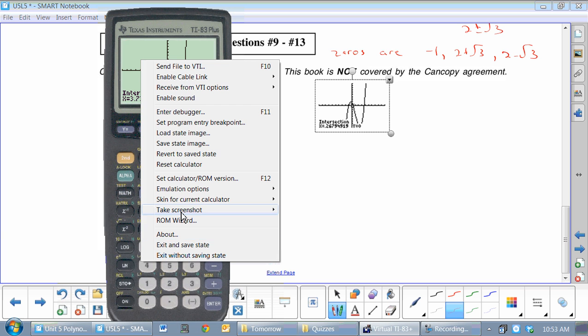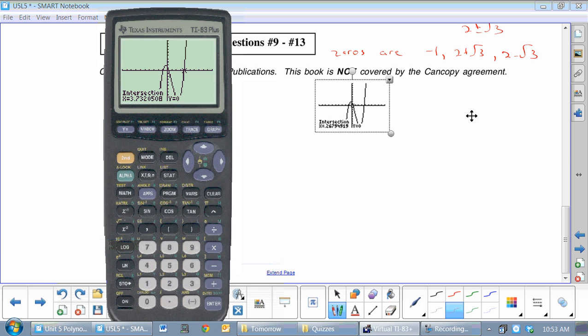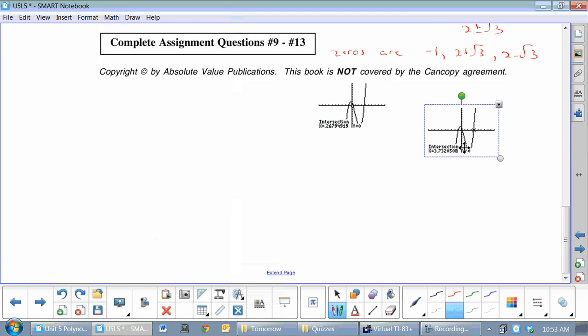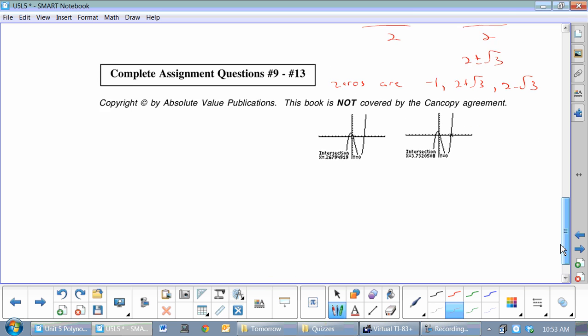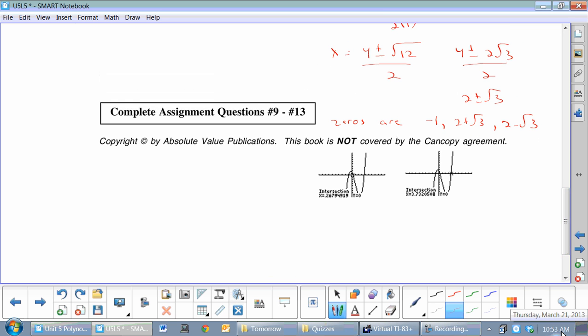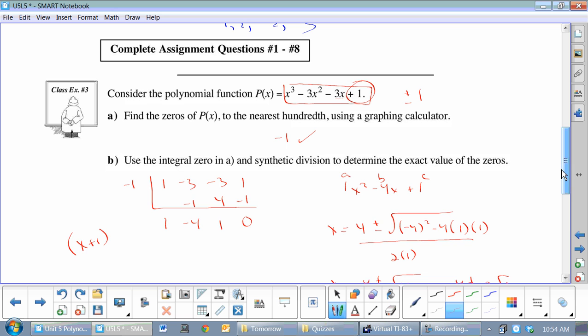Now, I like this question because it comes up with the zeros we would not have thought of. But you got negative 1 times 0.268 and 3.732. If you multiply that all together, you should get actually negative 1.